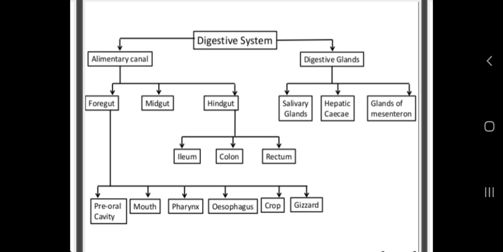The hepatic ceca secrete the enzymes into the stomach, where further digestion of food is brought about.